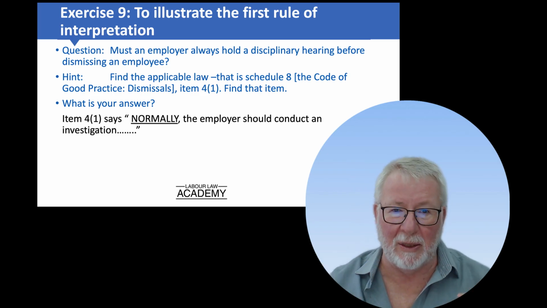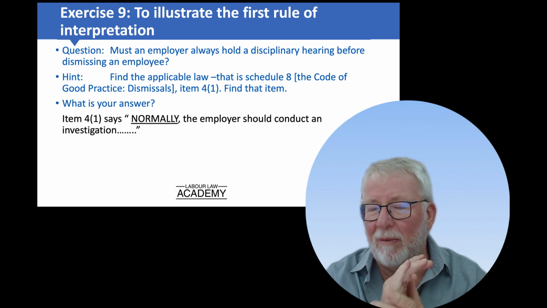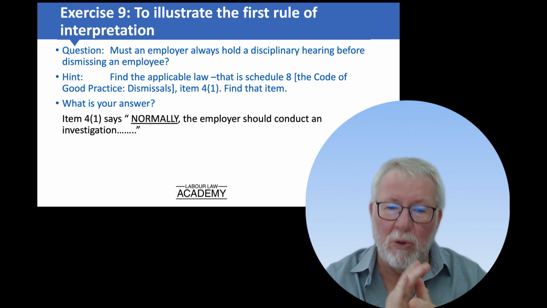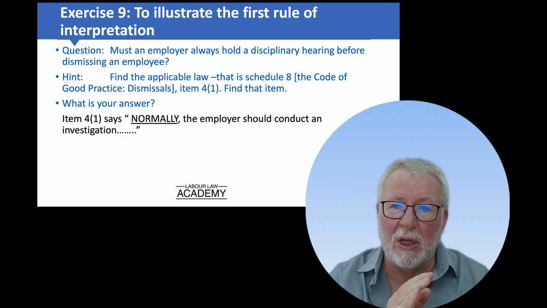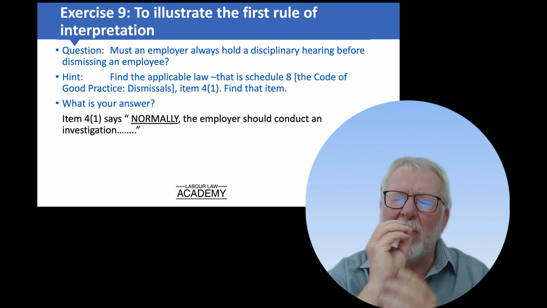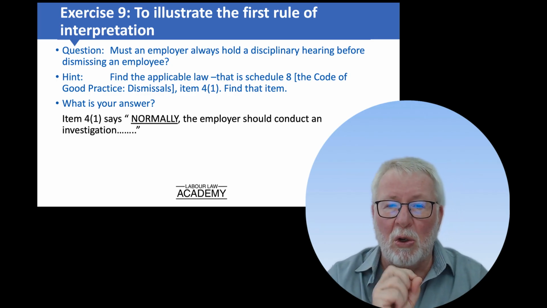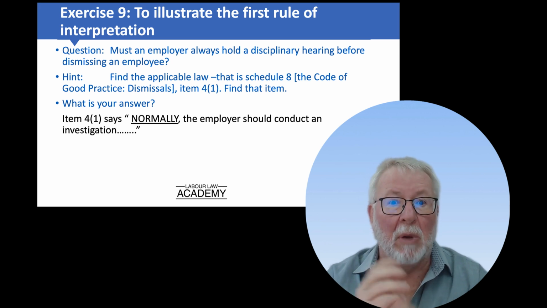Quickly to explain the law there. All right. There are exceptions, very few exceptions to the situation that an employer must hold a disciplinary hearing. There are exceptions. But because there are, even though there are a few exceptions, the law says normally, which, as I said, means most of the time.